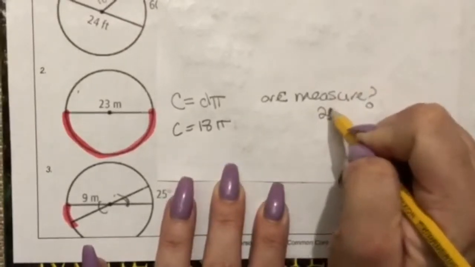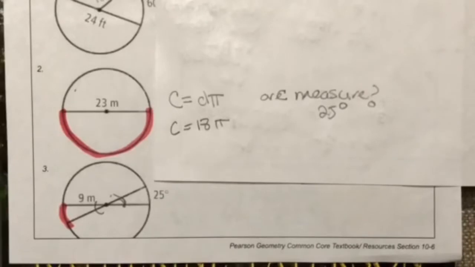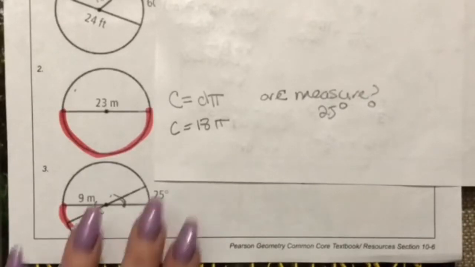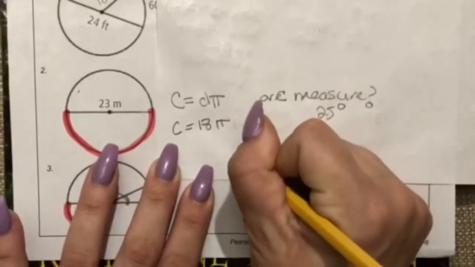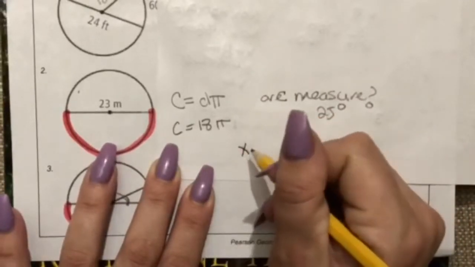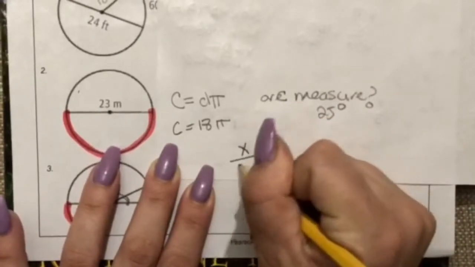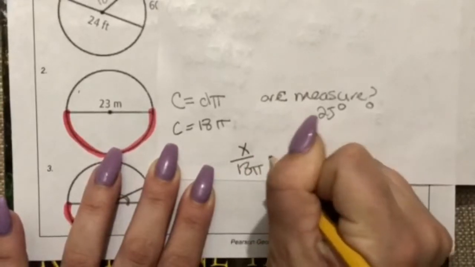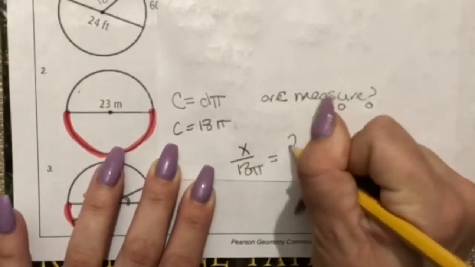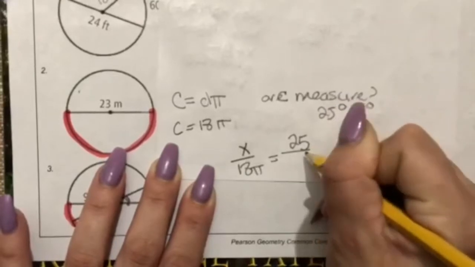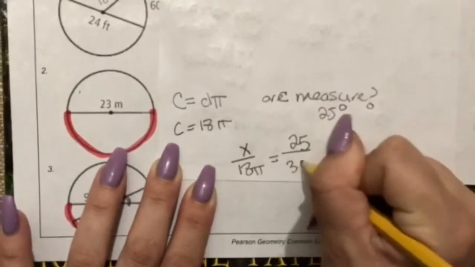So that is the portion of my total that I'm going to use in my proportion. So I'm going to have X, which is the arc length that I'm solving for, over the total circumference, equals the portion that I was given over the total.